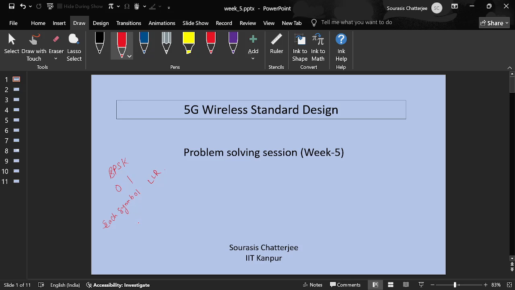But when it comes to, let's say, QPSK, we have four options: 00, 01, 10 and 11. In that scenario, each symbol carries 2 bits. Last time I mentioned it produces one LLR. That is not true, it actually produces two LLRs, corresponding to the in-phase and quadrature bits.